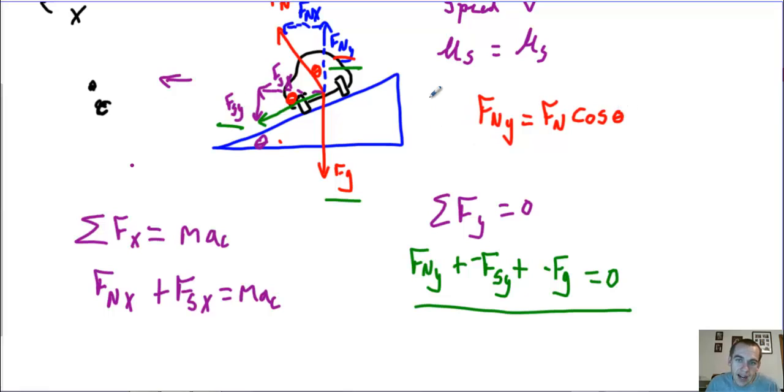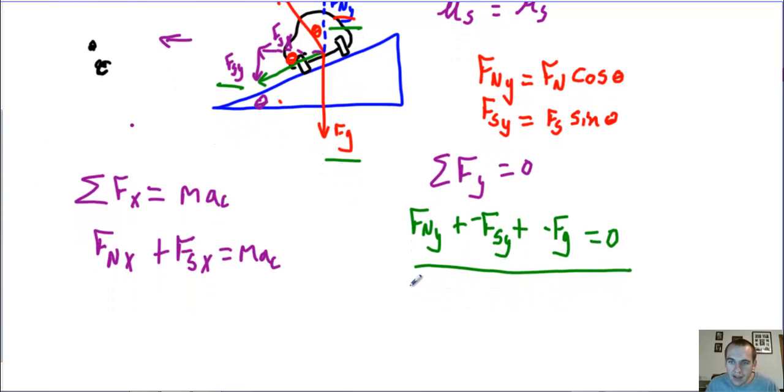And the static friction in y is equal to the static friction times, and this is opposite that angle, the sine of theta. Since we're dealing in multiple triangles, multiple dimensions, you have to pay attention to your trig. So I could rewrite this equation as Fn cosine theta plus Fs sine theta, but remember this one's negative because it's pulling down, minus Fg equals 0.